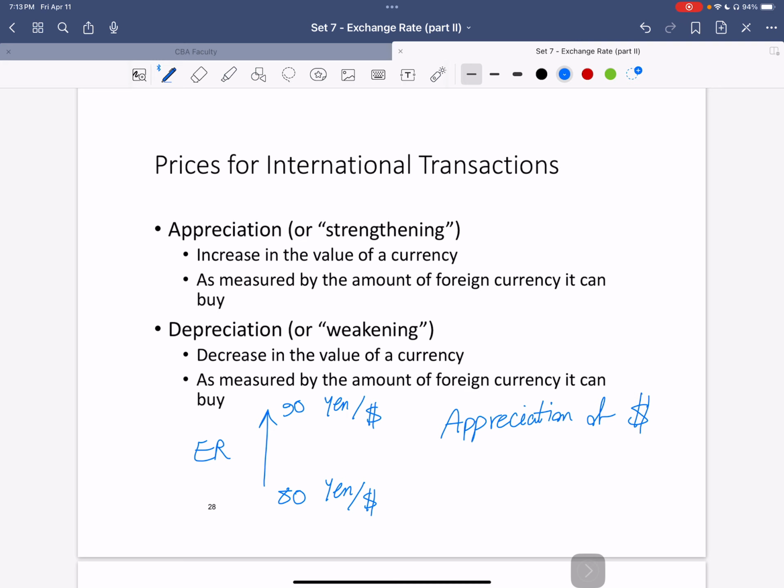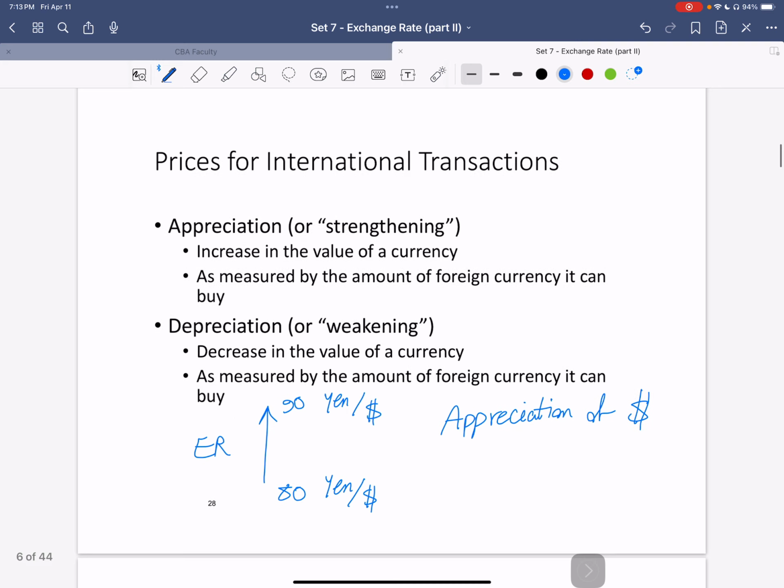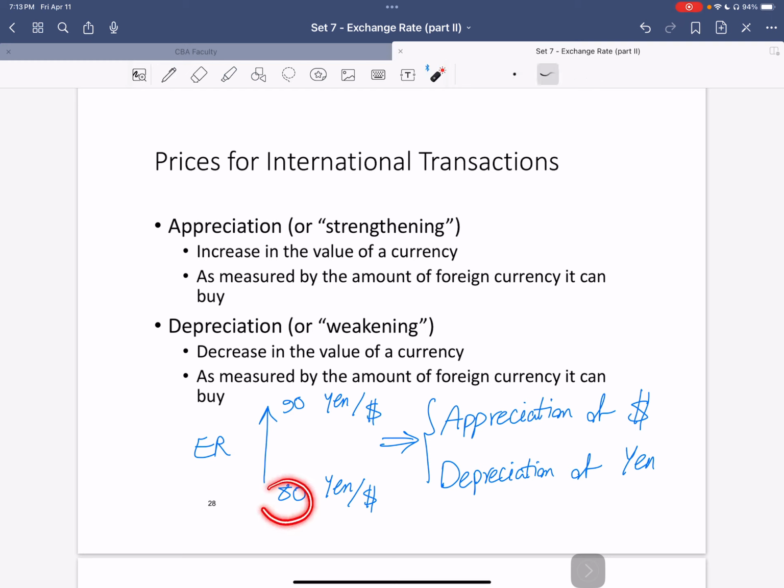We say that the dollar has appreciated, and on the other side, depreciation of the yen. So the meaning of this fluctuation, this change from 80 to 90, is that the dollar appreciated and the yen depreciated.